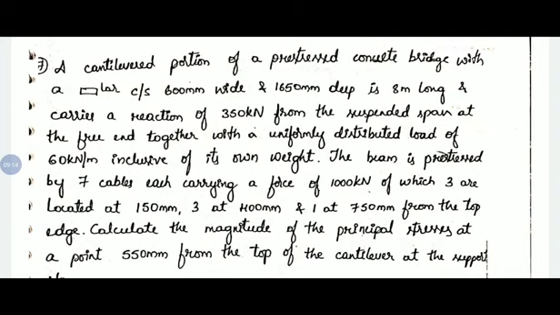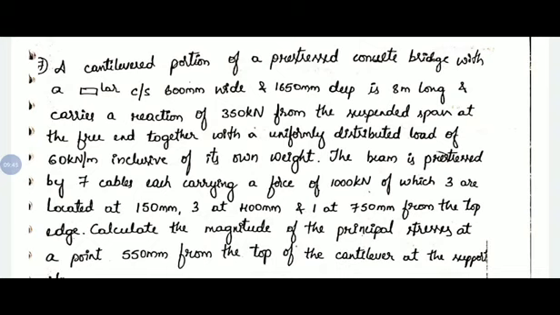The beam is pre-stressed by 7 cables, each carrying a force of 1000 kilonewton, of which 3 are located at 150 mm, 3 at 400 mm and 1 at 750 mm from the top edge. Calculate the magnitude of the principal stresses at a point 550 mm from the top of the cantilever at the support section.